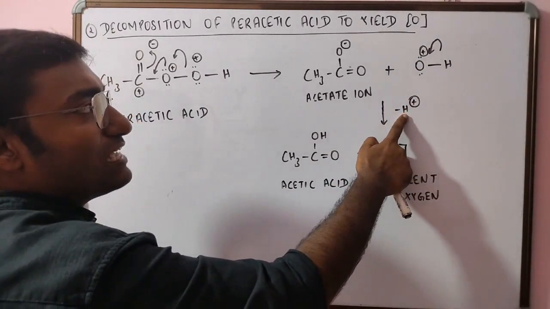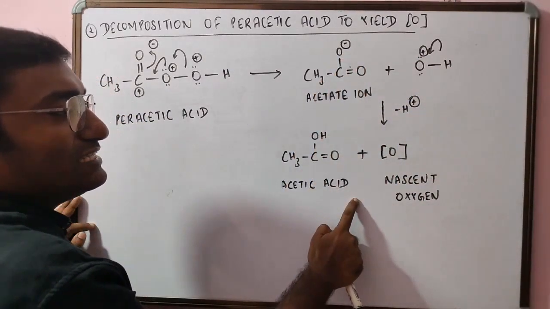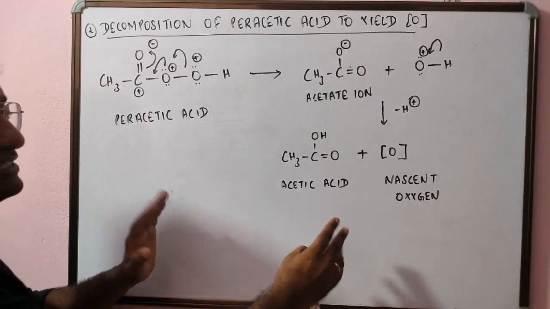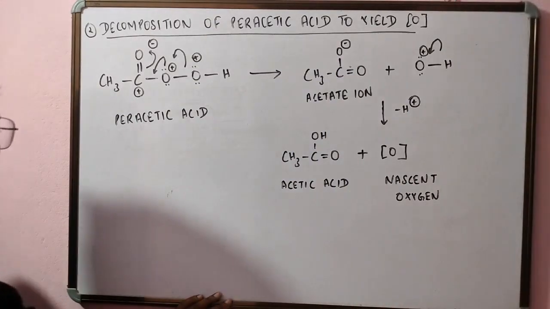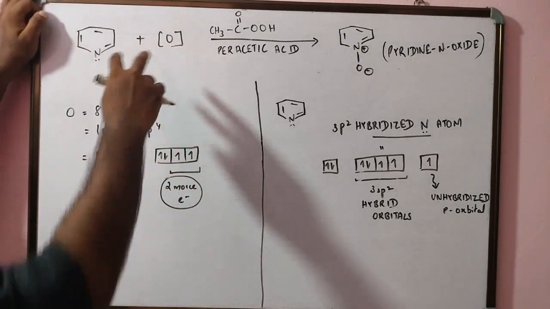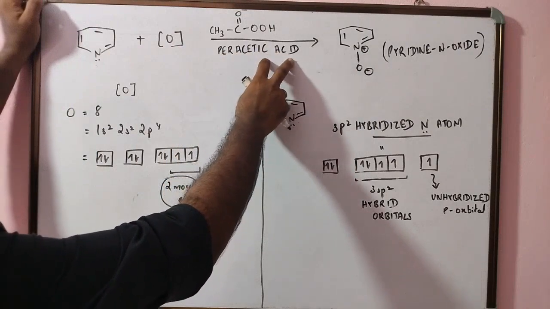The eliminated H plus ion combines with the carbonyl oxygen to produce acetic acid, and thus peracetic acid decomposes itself to produce nascent oxygen. Yes, nascent oxygen is produced by the decomposition of peracetic acid.